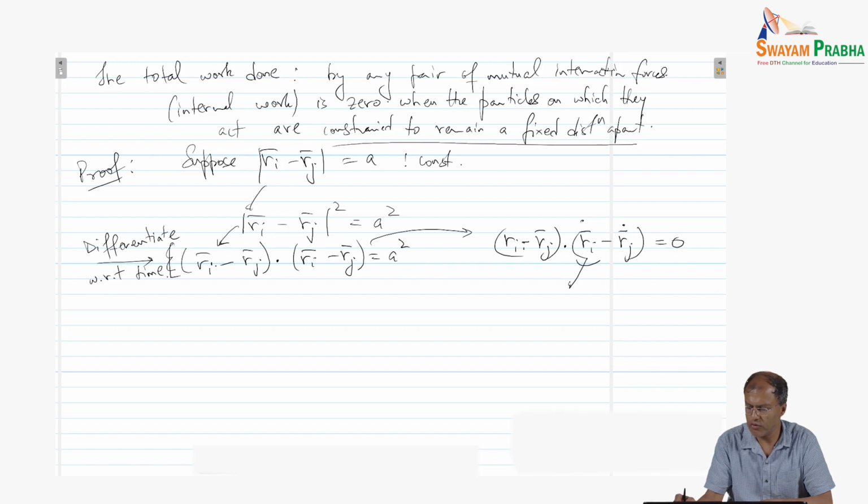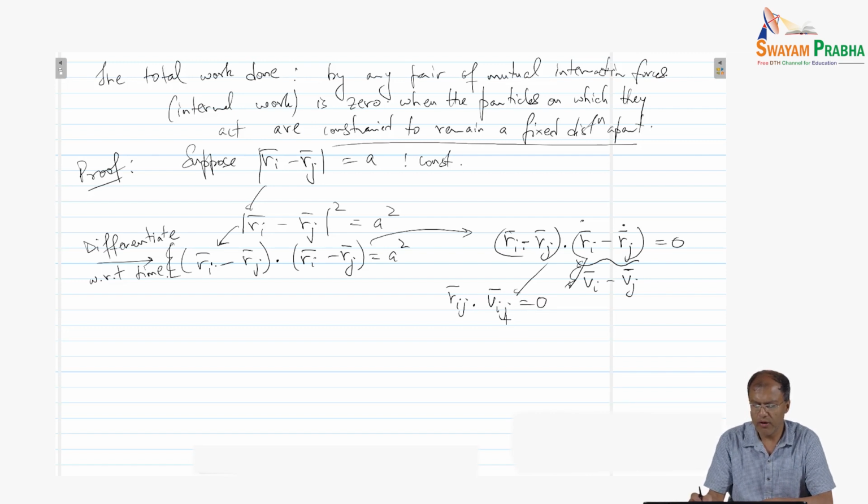But Ri dot minus Rj dot is nothing but Vi minus Vj, so this quantity dot with this quantity is 0. So what we see is that the dot product of the mutual distance between any two particles with their relative velocity is 0. I can write this in a more concise form: Rij bar dot with Vij bar is 0.